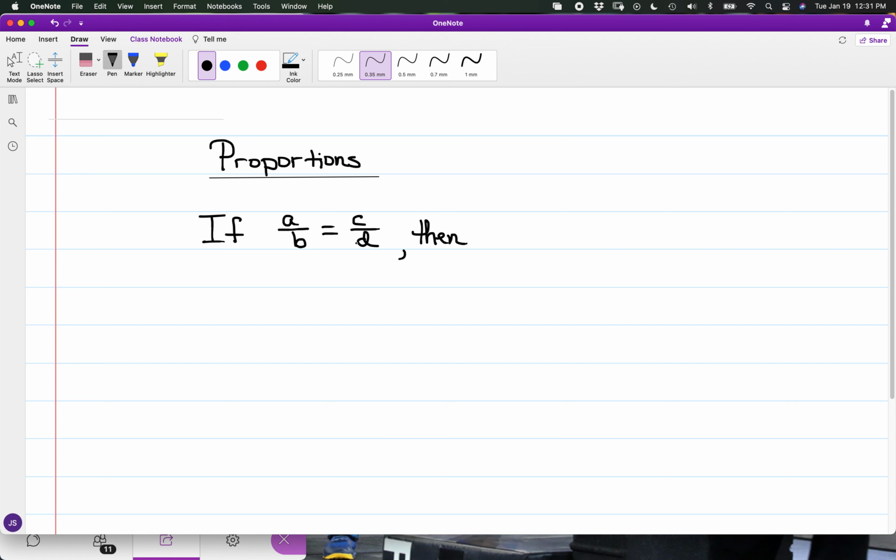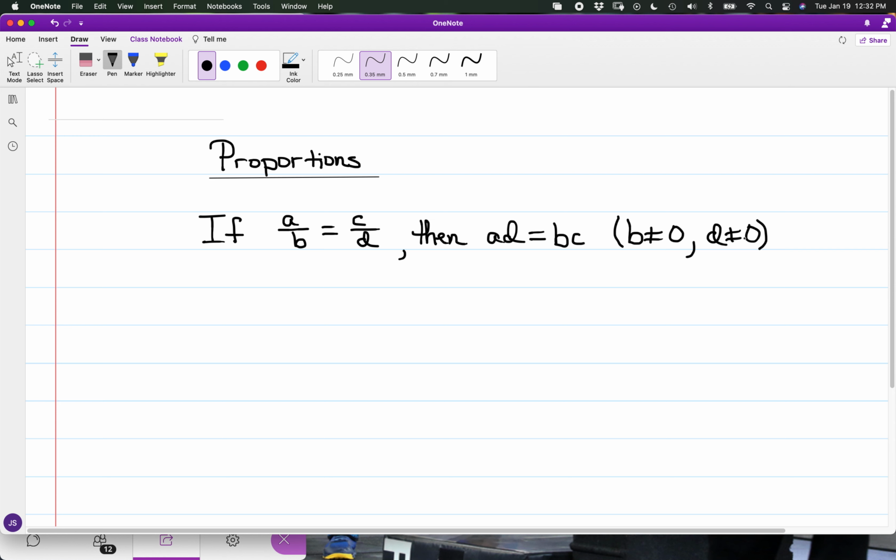These are the proportional cross products, where you multiply alternating numerators and denominators: A times D is equal to C times B. That is true as long as we do not have zero denominators, so B does not equal 0 and D does not equal 0.